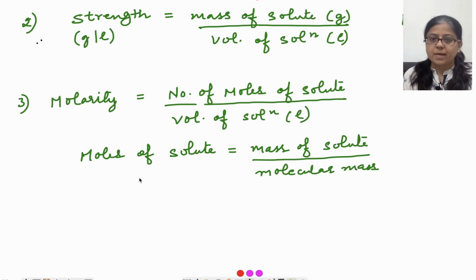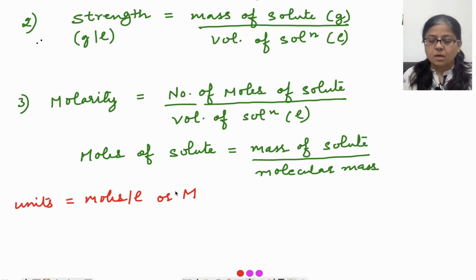So what will be the units of molarity? It will be moles per liter, or it may be expressed as capital M. This is the third term that we are taking here to express the concentration of the solution.